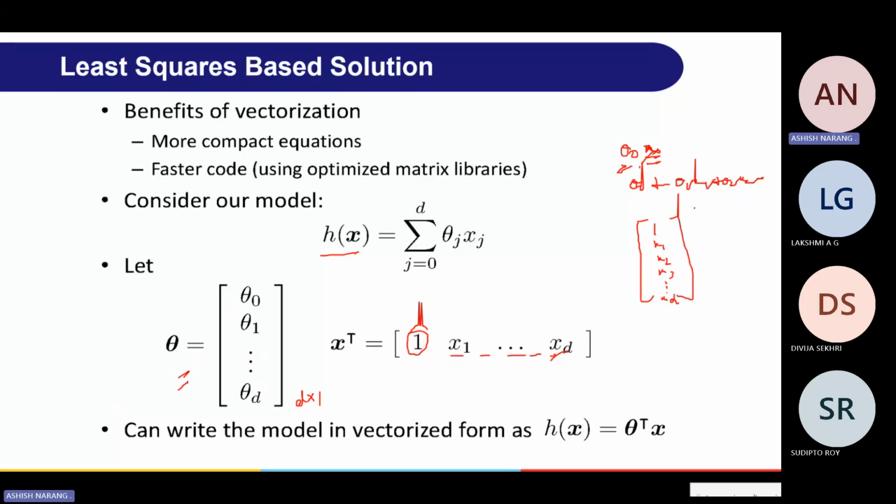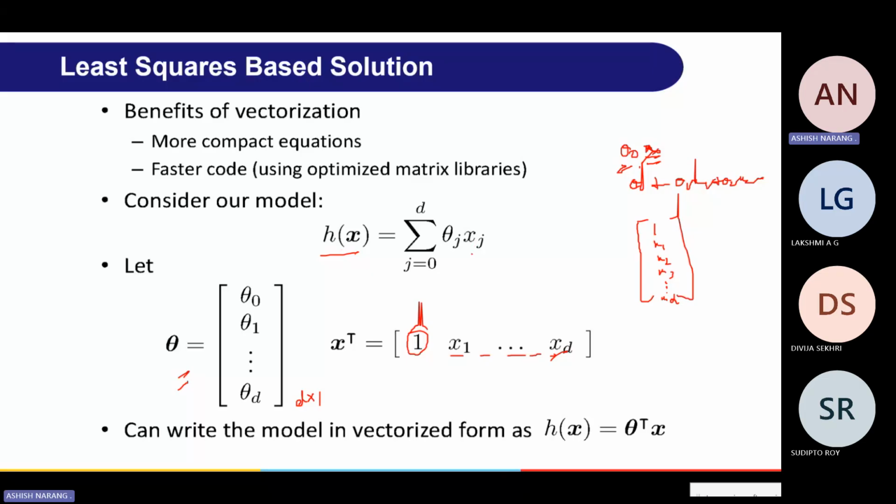Now, if I have taken a transpose of it, this is a matrix, so I can take a transpose of this. So a row has changed into a column, so this has become this, right? Now, h(x) is the sum of theta j xj.